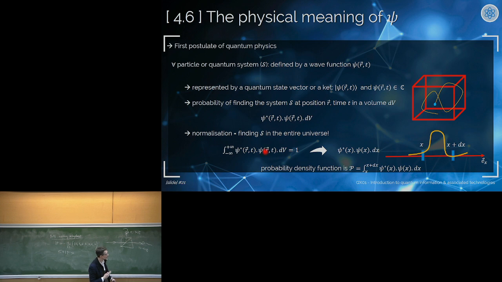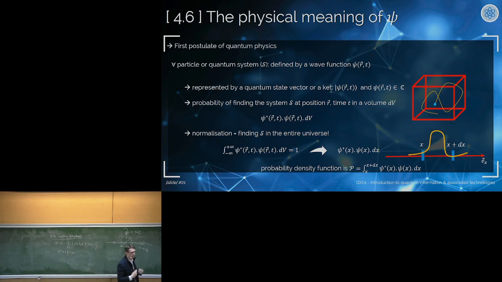Of course, no surprise, we have a normalization. So here the physical meaning of normalization is that if I integrate this probability density over the entire universe, then I find one.